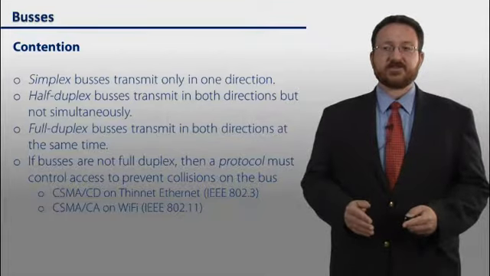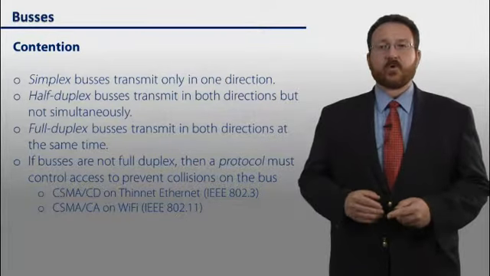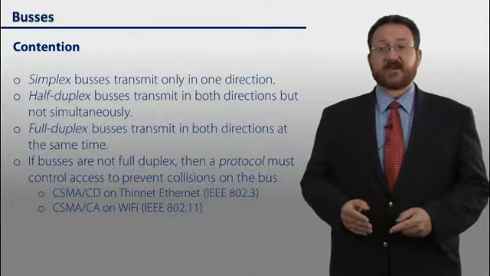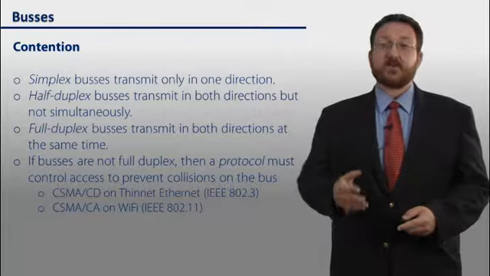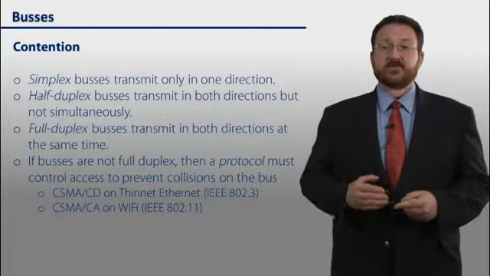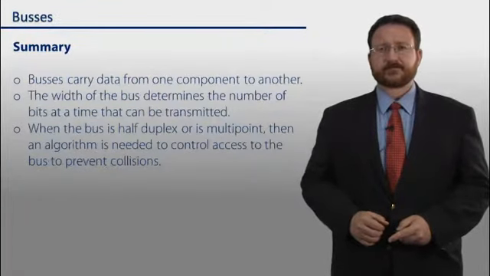It detects a collision and then it backs off and tries to retransmit it another time. Or CSMA-CA, that's collision avoidance, that we find on Wi-Fi. In this, you first request access to the bus, then once you receive permission, you can transmit on the bus. And so there's a master controller that controls access to that particular bus.